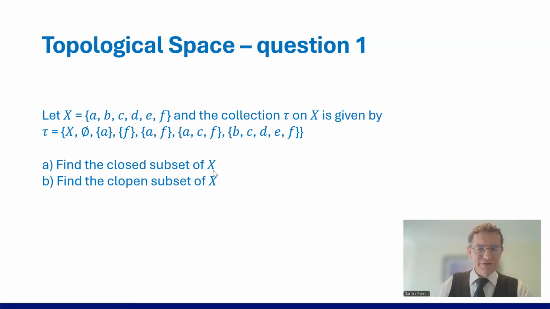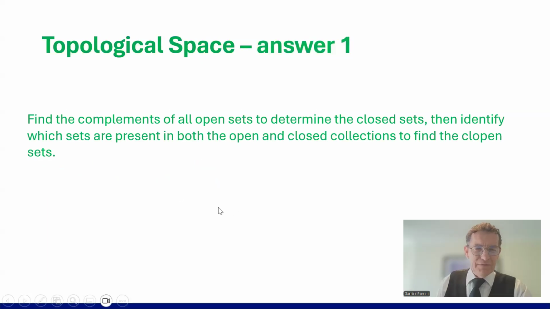Find the closed subsets of X and find the clopen subsets of X. You might want to pause the video and see if you can think through what the answers are. And here we go. What you're going to do is find the complements of all the open sets to determine the closed sets, then identify which sets are present in both the open and closed collections to find the clopen sets. That's what you would do.